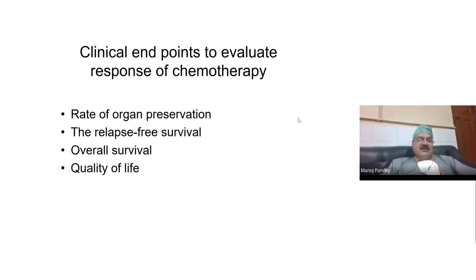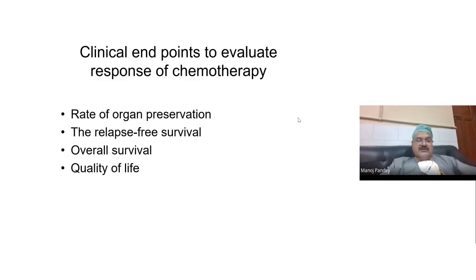That means the amount of time a person who has been treated with chemotherapy remained without a recurrence or relapse. Overall survival is the time a person lives from the time you start the treatment till his death. Quality of life is one of the important parameters which are now coming into play, especially if you are not able to cure a patient.